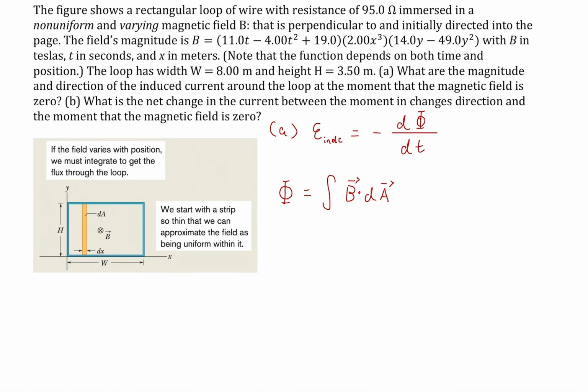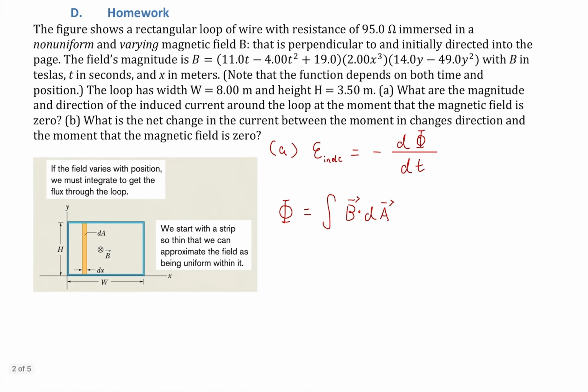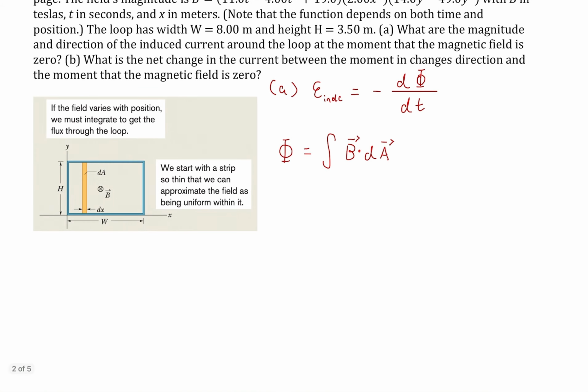Unlike any other previous examples from this particular handout, this problem involves taking this general area integral and turning it into a solvable double integral, because the magnetic field is non-uniform in both x and y. Double integrals are just two integrals multiplied by each other, so it's simply multiplication between them, and you just deal with each integral one at a time, and then bring together algebraically the results.